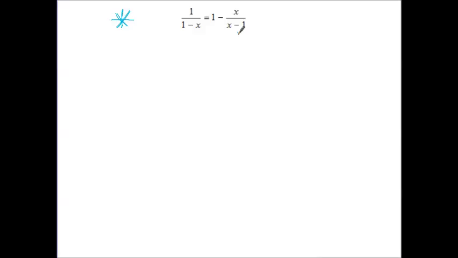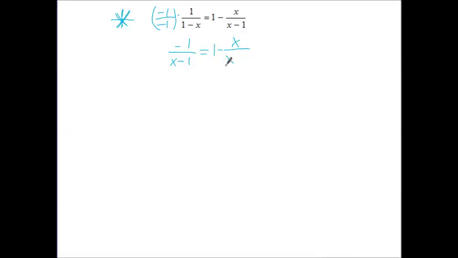So instead of using these two factors as two separate factors for our LCD, we can go ahead and take our term on the right side of the equation, just multiply it simply by negative 1 over negative 1. Because what's going to happen then? We're going to have negative 1 over negative 1 plus x, or in other words, x minus 1.